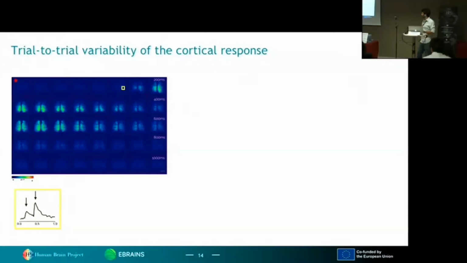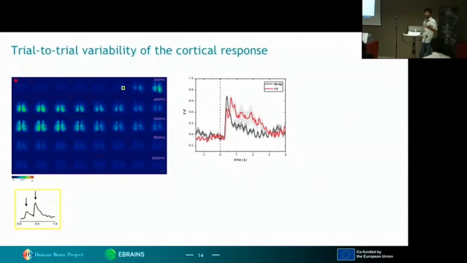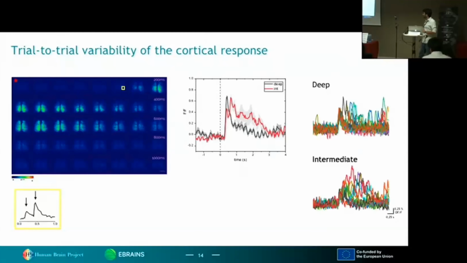As you can see, the biphasic response is still there, while averaging several trials in the same animal leads to almost missing all the features.